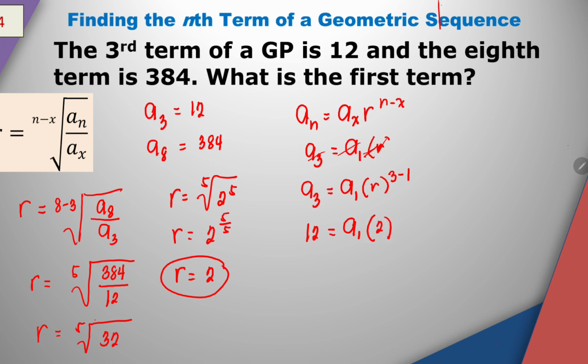Simplifying 3 minus 1 in the exponent, that is 2. And we have 12 is equal to, of course, what's 2 squared? That would be 4. Dividing both sides by 4, we will be arriving at a sub 1 equivalent to 3.